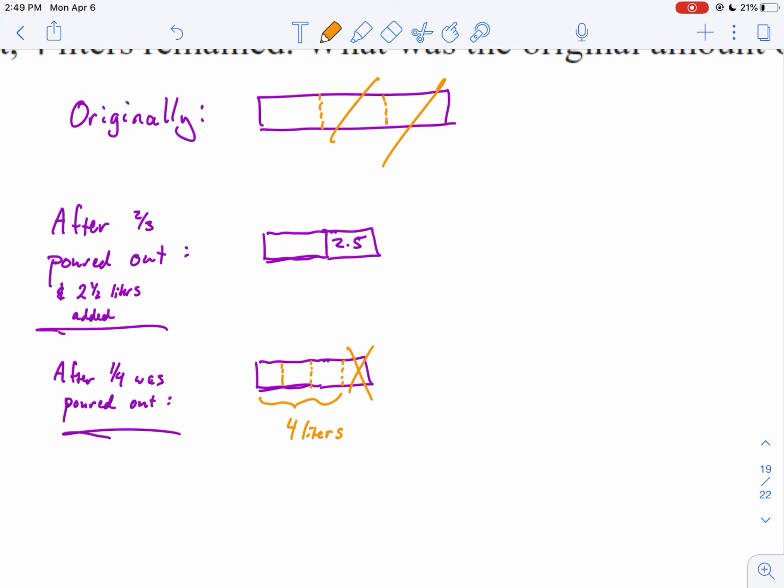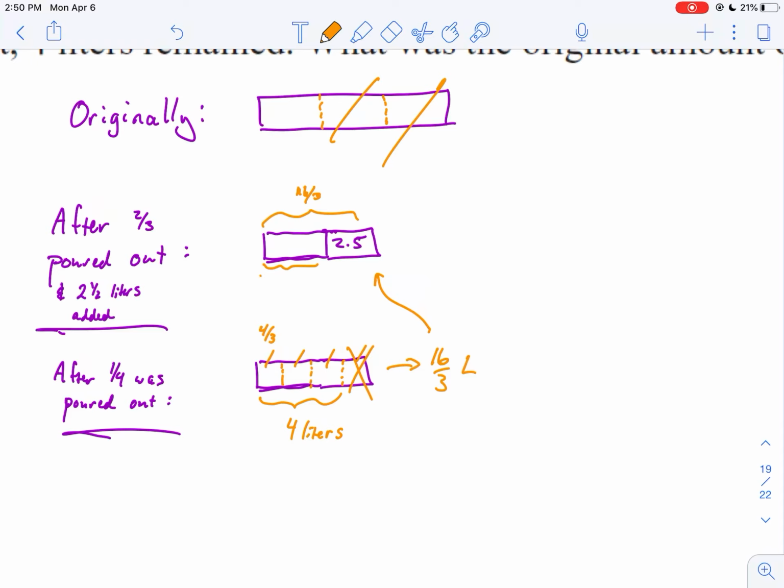So if this is 4 liters, then each of these little pieces would divide by 3. That would be 4/3 of a liter. So this whole amount here would be 4/3 times 4, which is 16/3 of a liter. So this had to be 16/3.